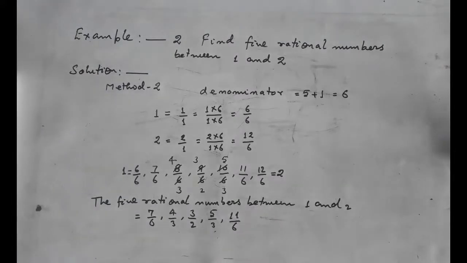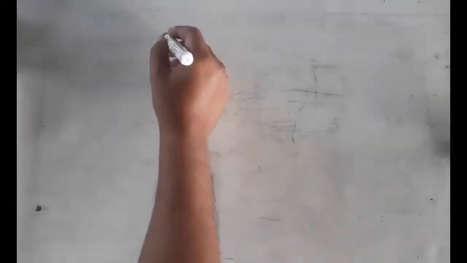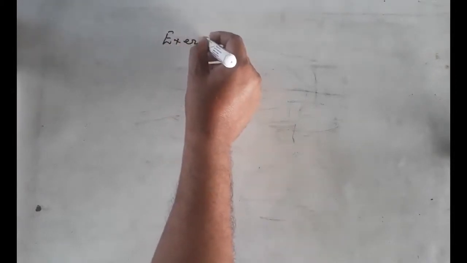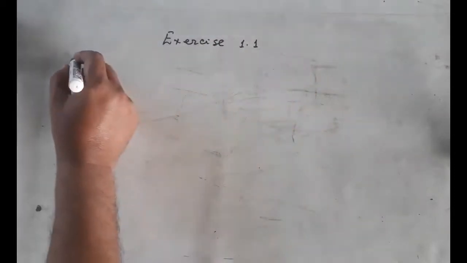Now we are discussing exercise 1.1. Your question number first: is 0 a rational number?